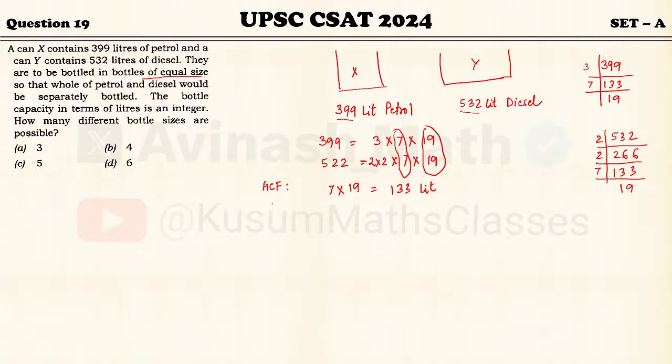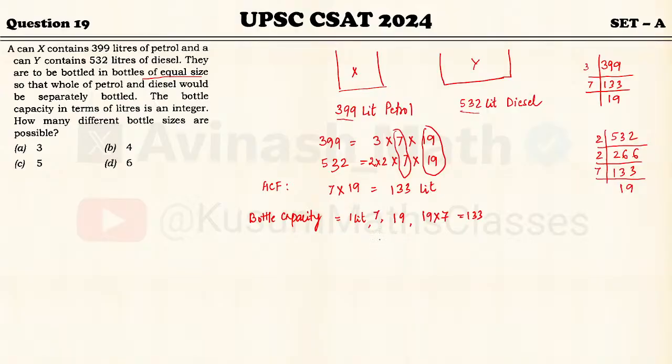Bottle capacity, what would be the bottle capacity? तो bottle capacity would be 7 liter, 19 liter and 19 multiplied by 7, that is 133 liter, and 1 liter will definitely be one answer. 1 liter bottle can contain 399 bottles of petrol, and 532 bottles of 1 liter size will contain diesel.